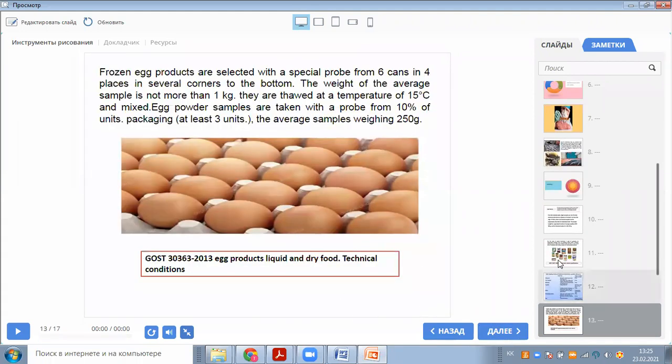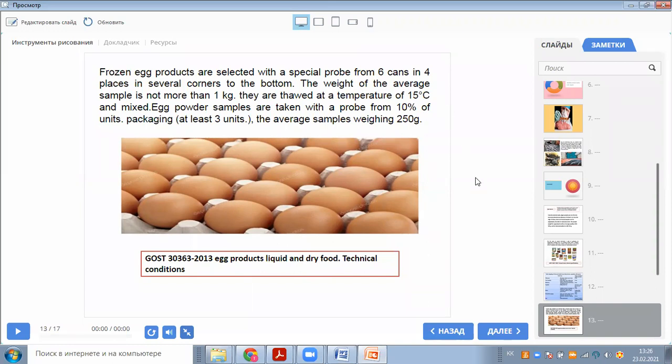And the next slide is about eggs. For sampling, you use GOST 30363-2013. The title is Egg Products, Liquid and Dry, Food, Technical Conditions. For frozen egg products, samples are selected using a special probe from 6 cans, in 4 placed in several corners to the bottom.